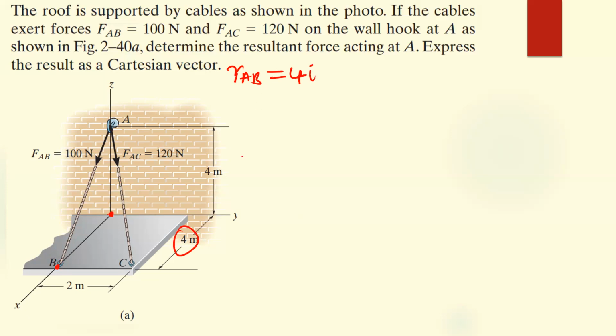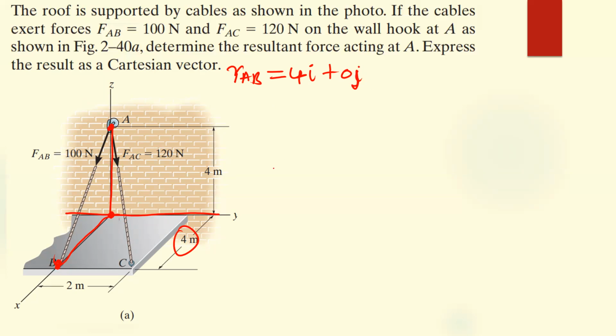Then in the Y, do we have anything for AB? Remember, the Y-axis is this line. If you look at the cable AB, it's just in the Z and the X. For us to move from A to B, we just move in the Z and in the X. There is no need for us to move in the Y, so we put a placeholder there, 0j.